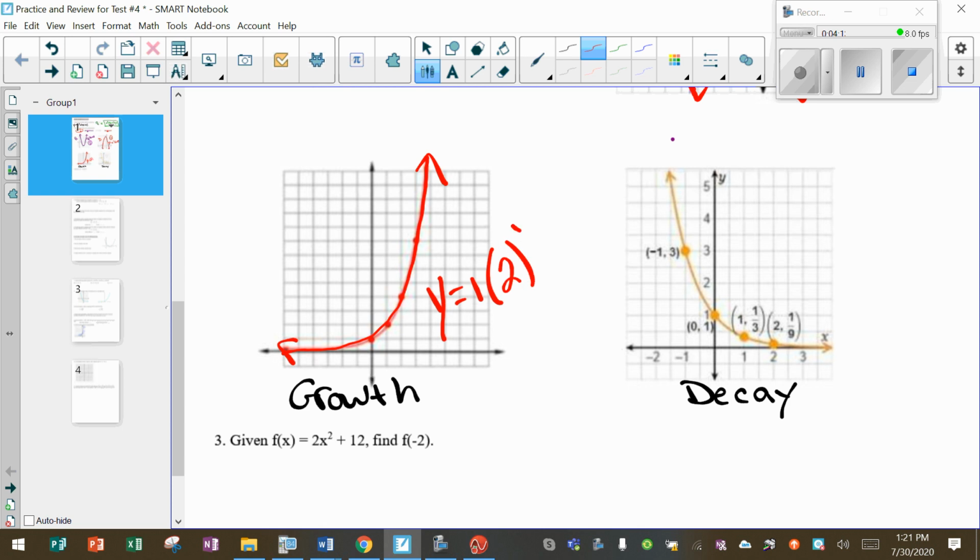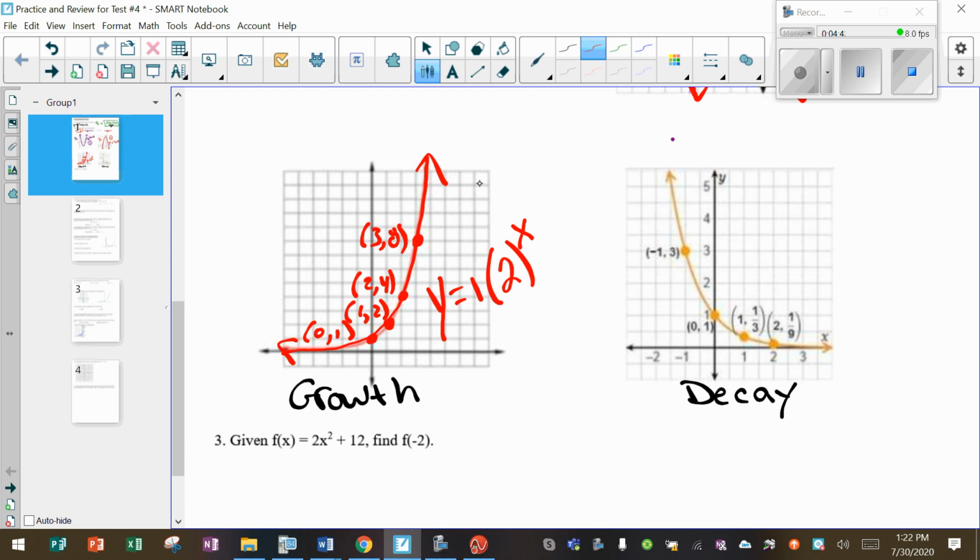The 2 has the exponent of x. That 2 means I'm multiplying times 2 times 2 times 2 from one y value to the next y value. So if you look at the points, (0, 1), (1, 2), (2, 4), (3, 8), look at the y values. 1 times 2 is 2, 2 times 2 is 4, 4 times 2 is 8, 8 times 2, the next one would be 16.